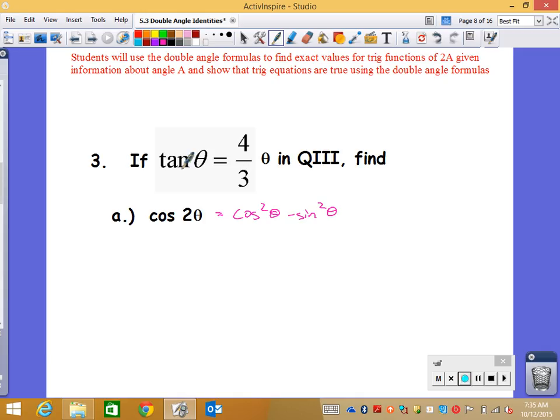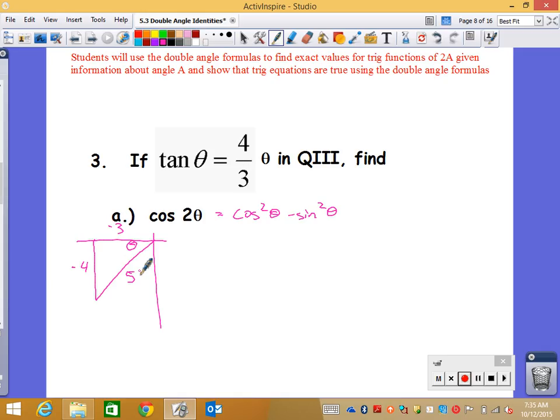Now, I have tangent, so I'm going to need to draw a picture. I'm in quadrant 3. Here's my theta. And I know that tangent here is opposite over adjacent, so 4 over 3. Notice I'm negative in both directions, though. It's important to remember that, so my hypotenuse is 5.